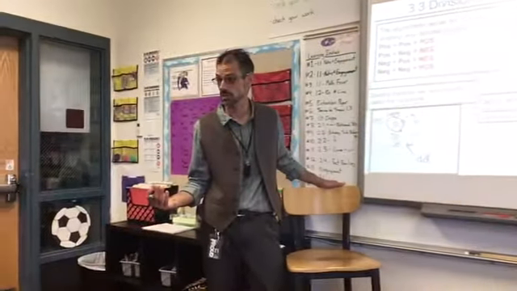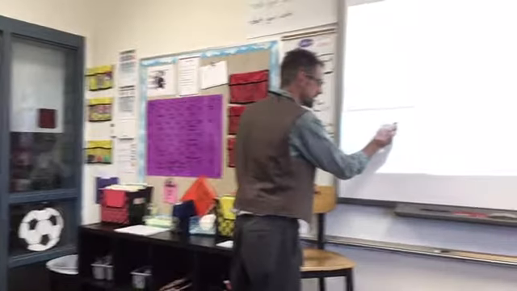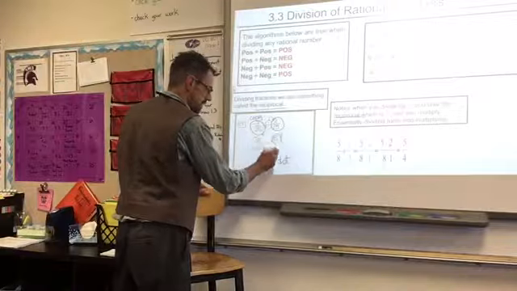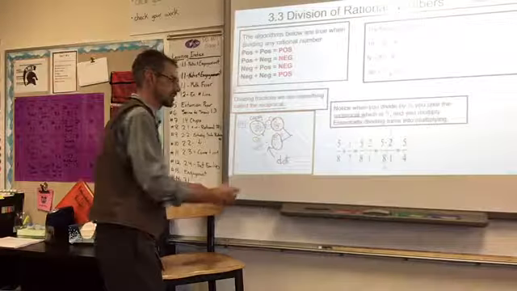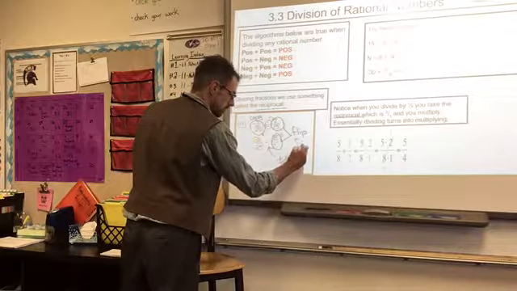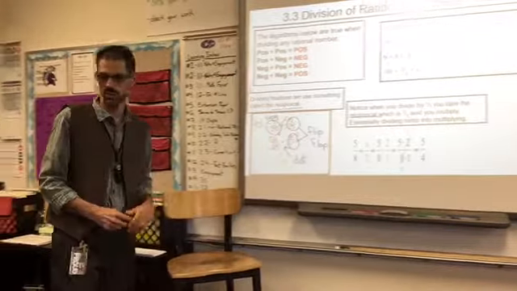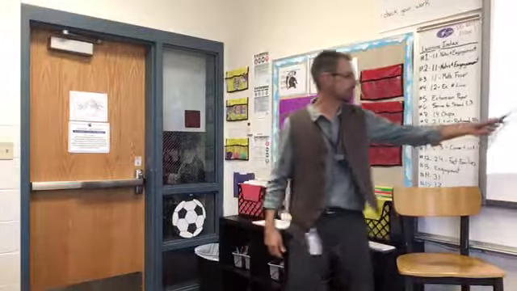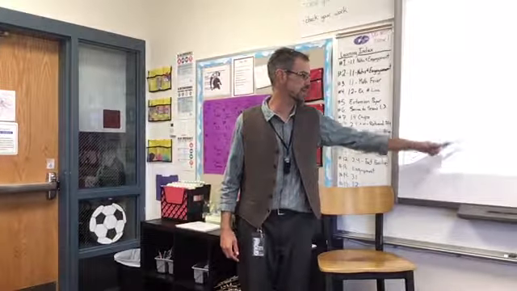Anytime I divide by a fraction, I need to take the reciprocal of it. And I want you to connect those. This is what we call our flip-flop. So I have my copy, my dot, and then my flip-flop. The reciprocal is the flip-flop side.